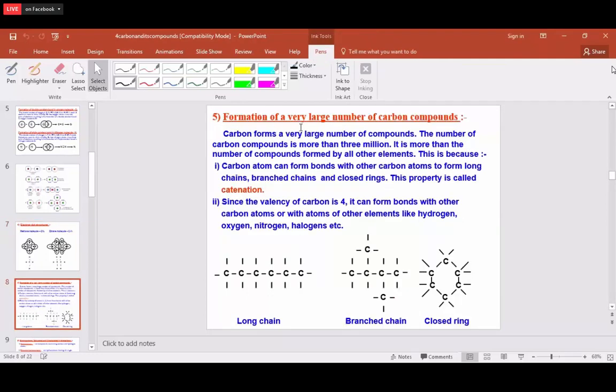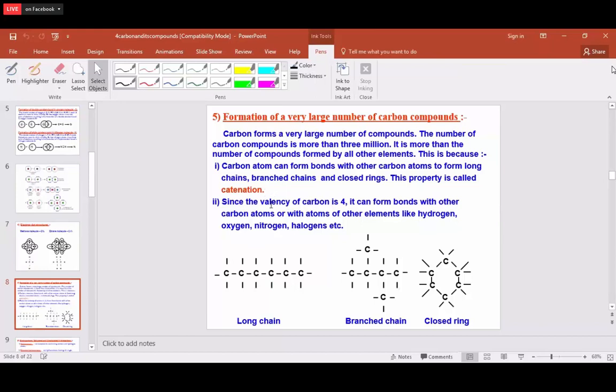Next one is the formation of a very large number of carbon compounds. Carbon forms a very large number of compounds because carbon is tetravalent. At a time it can make four bonds with different atoms. The first one is catenation.